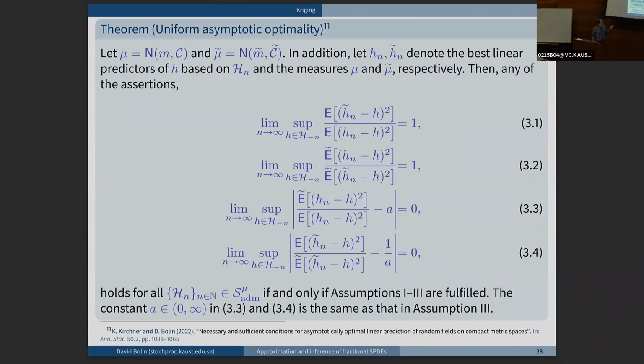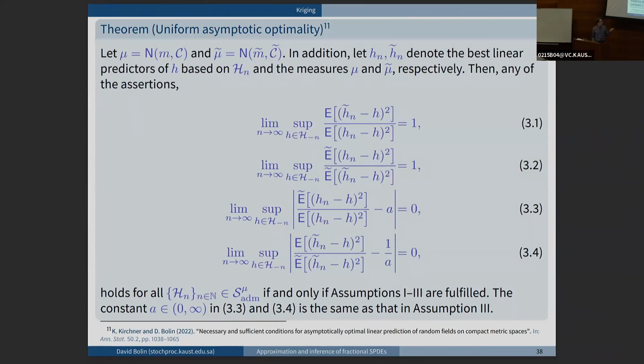And these last two things here basically say that if you evaluate the error of your Kriging predictor using the wrong model, so you compute the expectation under the wrong model, then this has to be bounded. Compared to the true error, the error under the wrong model is bounded.